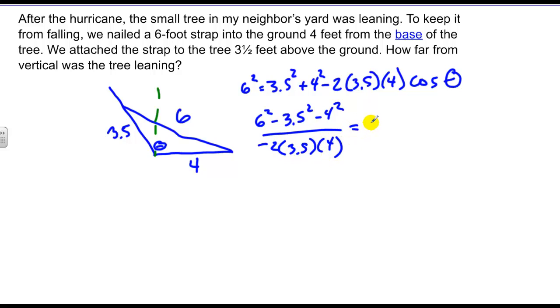That's going to equal the cosine of theta. Take the inverse cosine of both sides. We're going to get roughly 106 degrees. So from the vertical, that's a total of 16 degrees from vertical.